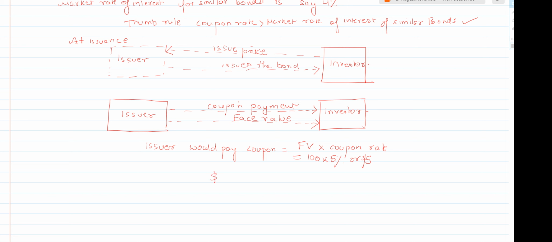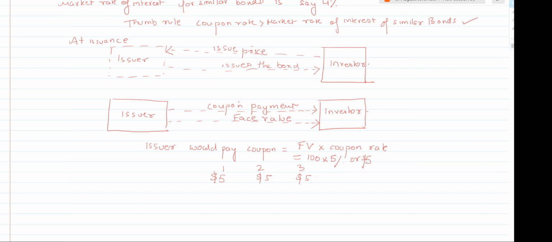So $5 at the end of year one, $5 at the end of year two, and $5 at the end of year three, right? So at the end of the third year, the bond would mature and there would be no remaining cash flows after that. And the issuer would also pay the investor the face value of the bond at maturity. Right, and the maturity is in 3 years.